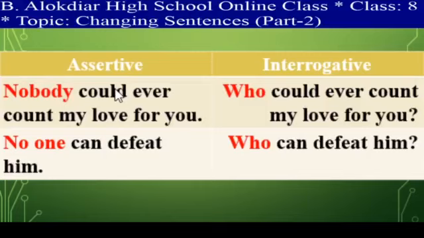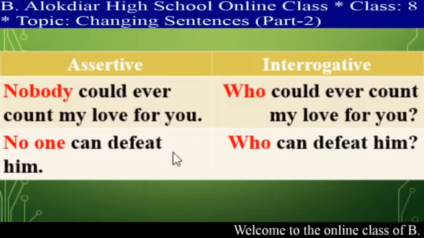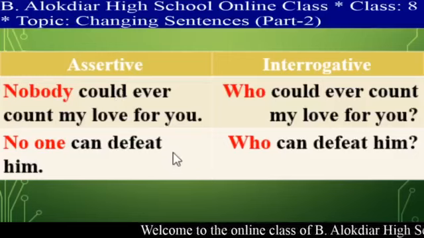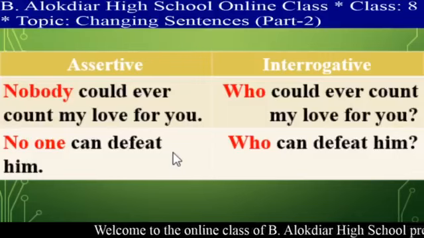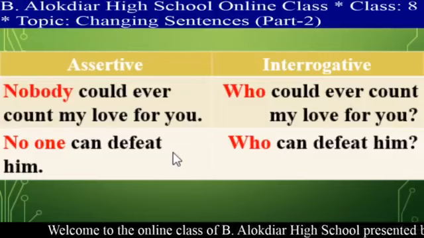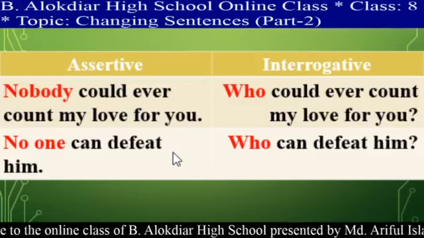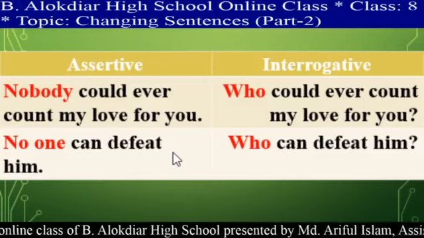So in example A, nobody could ever count my love for you. Here, instead of nobody, we have used who in this sentence. In example B, instead of no one in the interrogative sentence, we use who, and at the end of the sentence we use the note of interrogation. Let's see the rules.